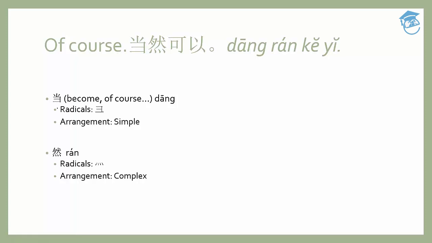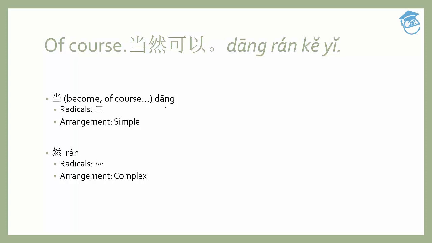The first one is 当. 当 is, sometimes it is used as become, and in the other context it means of course. And of course, in this context, it means of course. And it has some other meanings, so I'm not going to put it here. But to say of course, you must combine with the next word, which is 然.